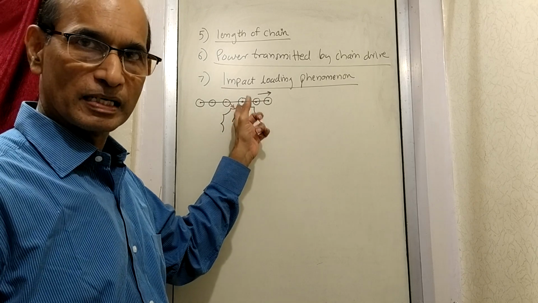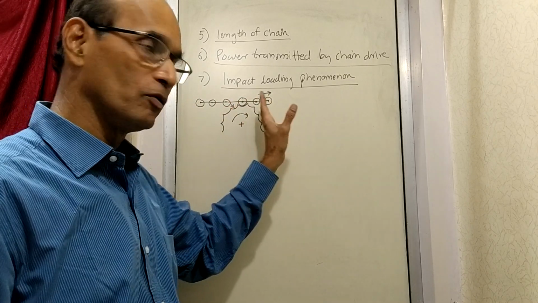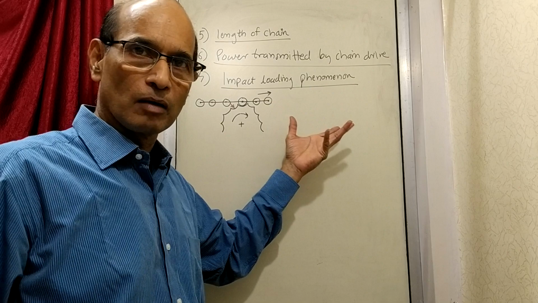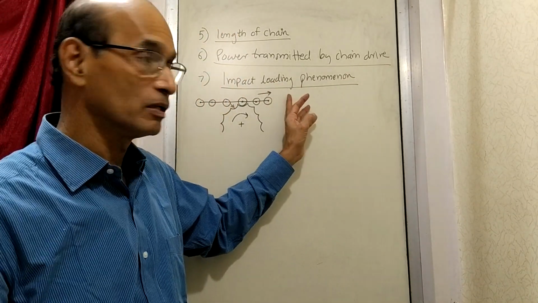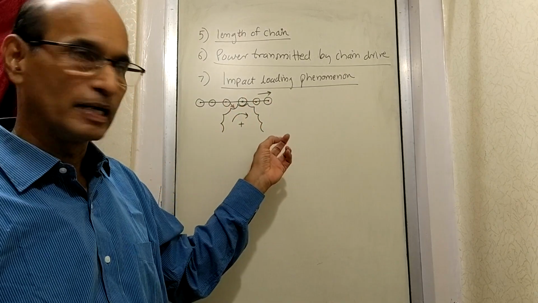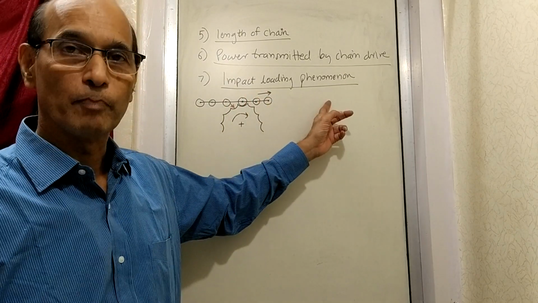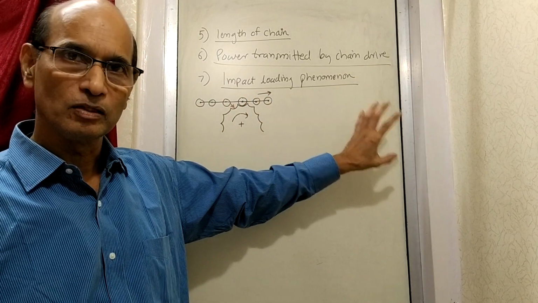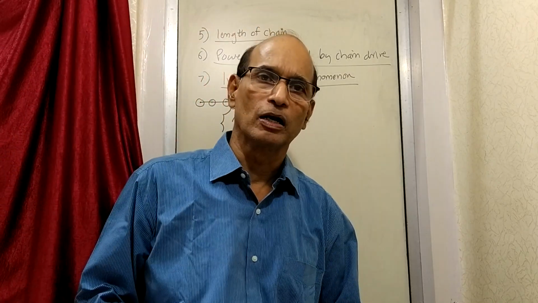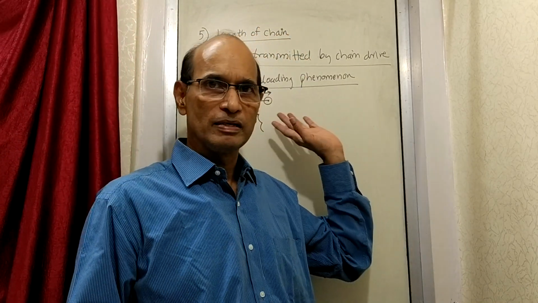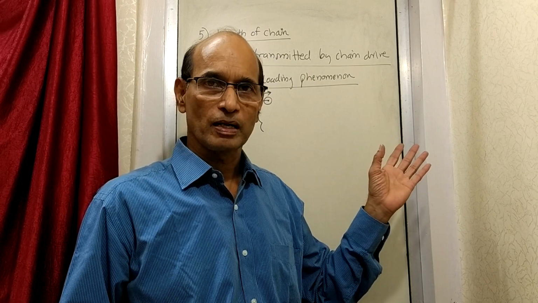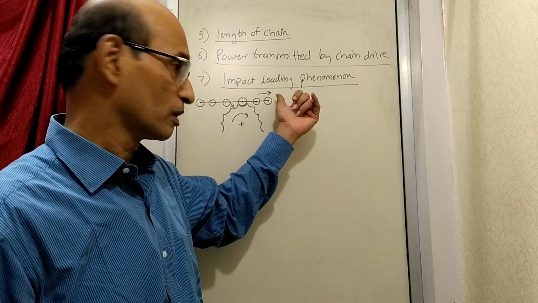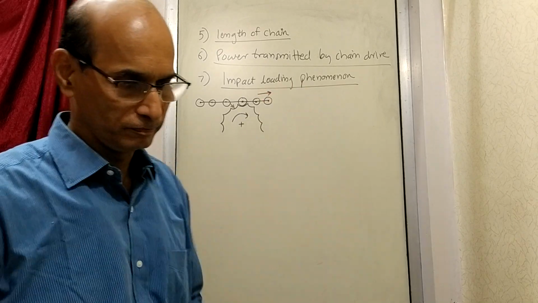When all of them are doing it at a time, it creates a substantial amount of noise. Therefore, chain has always a noisy operation because of this kind of impact. That is called the impact loading phenomenon, causing noise, which doesn't happen in case of a belt drive, because a belt drive doesn't have any such thing. So it is quite smooth in operation as far as noise is concerned, whereas chain drive is producing noise because of this.